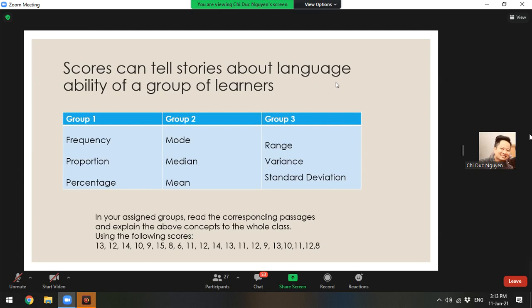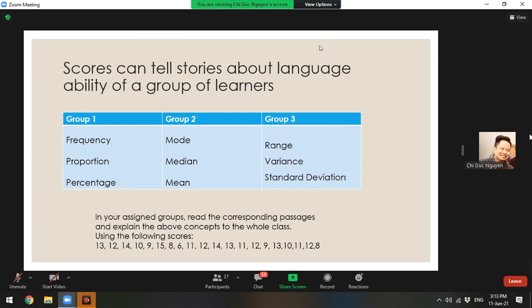Phương Liên, it's the other way around. The variance is the distance from a particular score to the mean, and standard deviation is the square root of the mean of all the variances. Yes. Okay. Thank you. More than welcome.